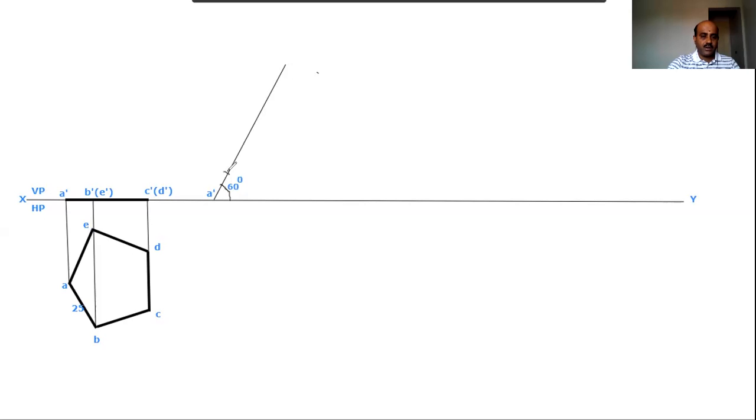So draw the arc with A dash B dash, and with A dash C dash also, you can mark the points. So now you get B dash, and in the bracket you will have B dash. Mark the points first.